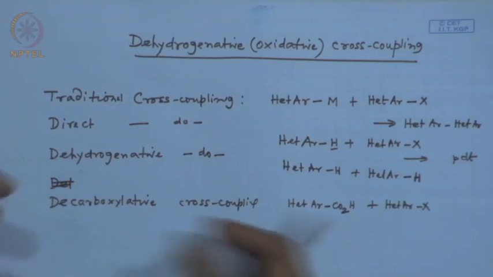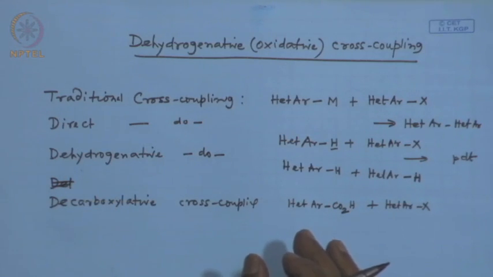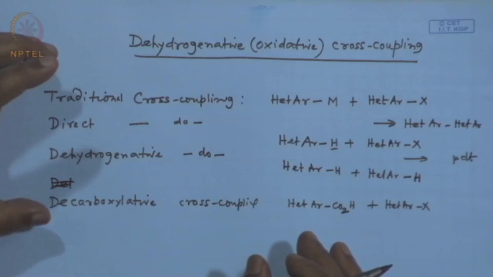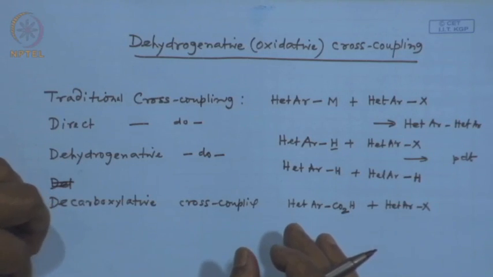In other words, by giving this chart I am trying to say that these sorts of cross couplings are very broad. Almost any kind of combination can be used to make a carbon-carbon bond between two aryl units, alkyl units or heteroaryl units.